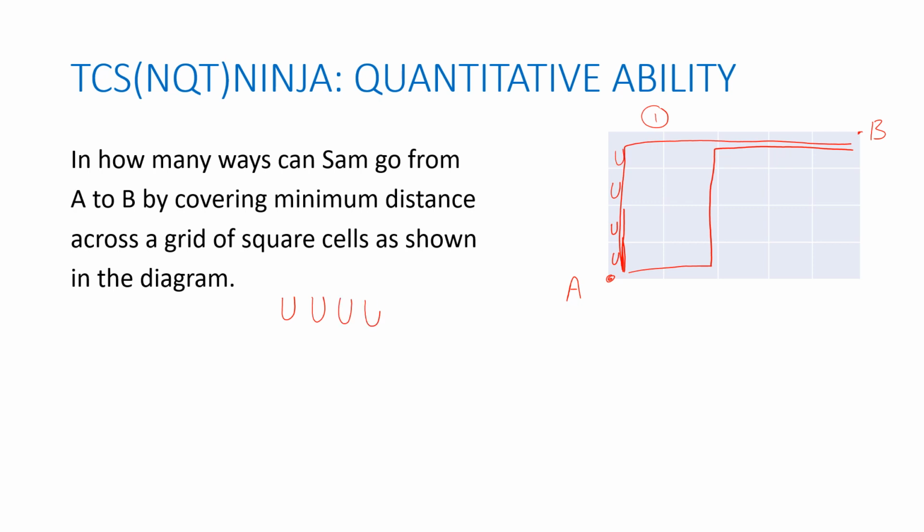So in this way, he took 4 upward transitions, followed by horizontal, horizontal, horizontal, 5 horizontal transitions. So this was my first way he could have gone, which I happen to draw. He took first 4 transitions upwards, followed by 5 transitions horizontally.